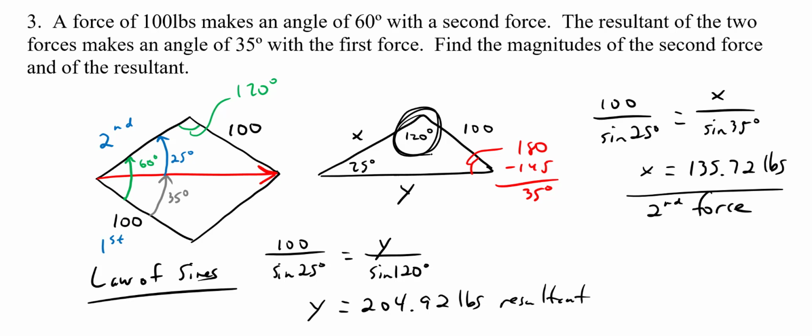You just can't find the largest angle. There is no way I can do inverse sine and get 120 degrees. It's impossible. So if you have it, you're fine. If you're looking for it, then you can't do it. Then you need to find one of the other angles first. You look for the largest side and then find that largest angle later, as opposed to with law of sines. Okay, all right, cool.